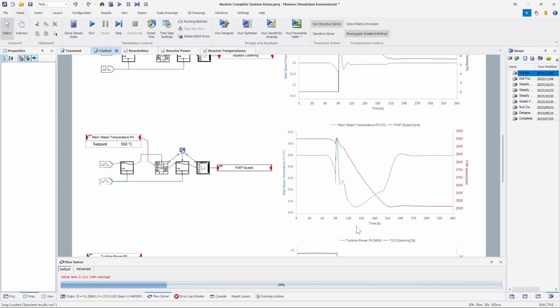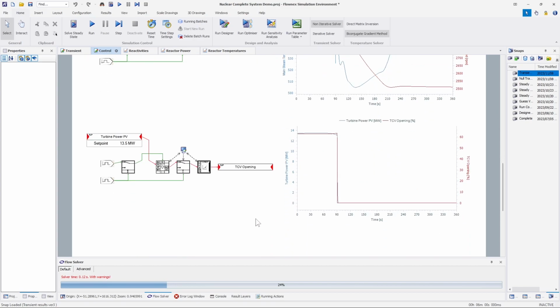In this period, the turbine control valve closed, which led to an increase in pressure and increase in temperature. The decrease after the peak resulted from the bypass valve opening, decreasing the pressure. After 130 seconds, the steam pressure started to stabilize, after which the feedwater pump could adequately control the steam temperature around 550 degrees Celsius.